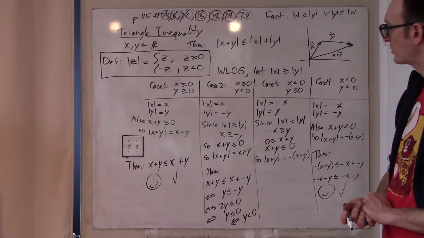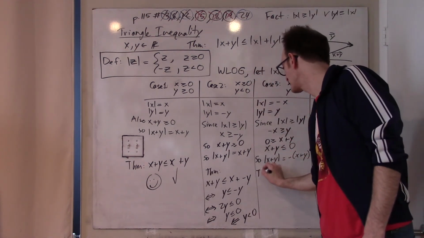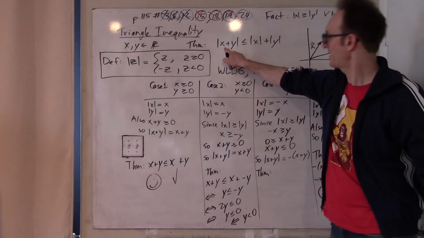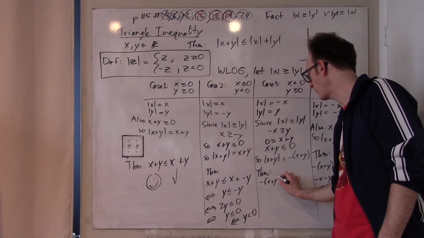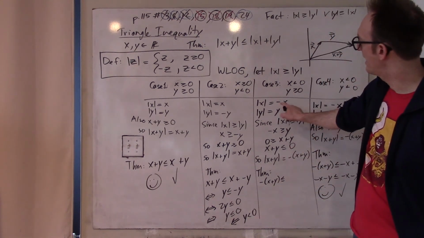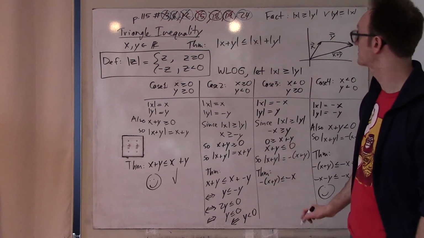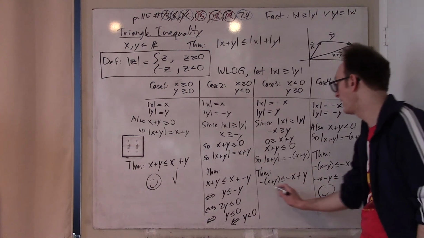Okay, and now here we are. Having determined what the three pieces are, I now restate the theorem. The theorem says that the absolute value of x plus y, which is actually negative x plus y, is less than or equal to negative x plus y. Is that true? Well, what does this say?